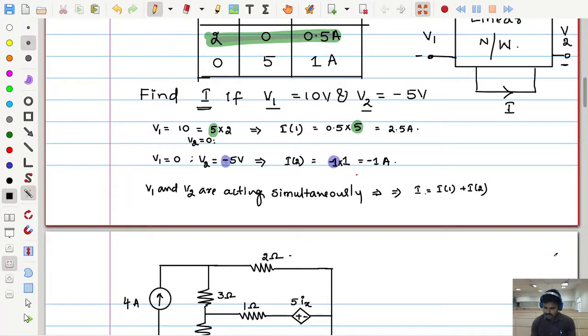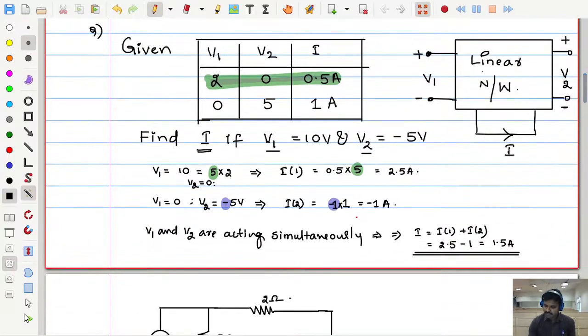The response is the sum of the responses when each source is acting alone, which is I of 1 plus I of 2, which gives us 2.5 minus 1, equal to 1.5 amperes. This is the response when V1 and V2 of 10 volts and minus 5 volts are acting together. So we can get it in this way by using the superposition principle for this linear network.